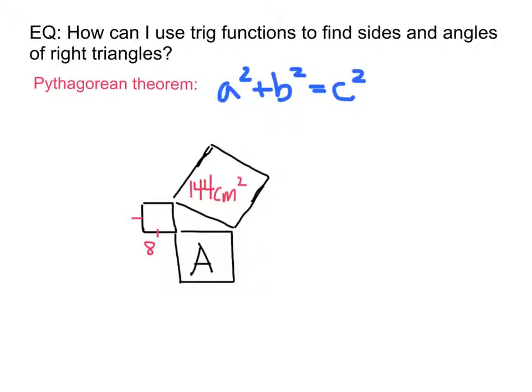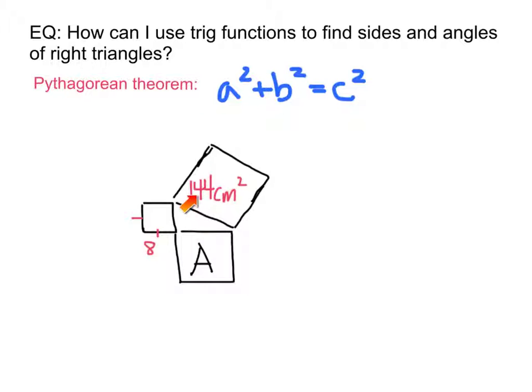So if we were to construct squares around the sides of the triangle, like what we see right here, if you have this side a, well, a squared would make this whole square. This side b would make this square b squared, and c would make c squared.